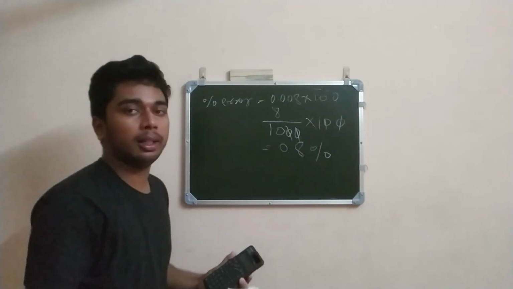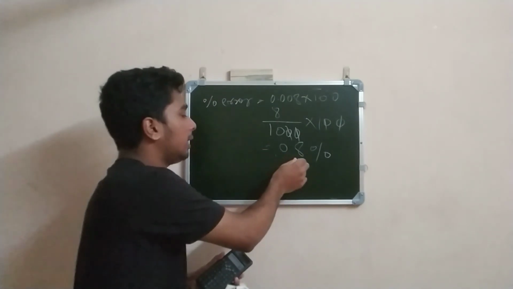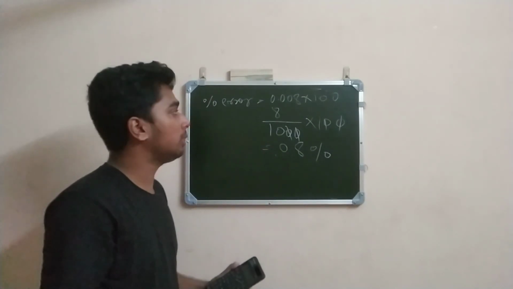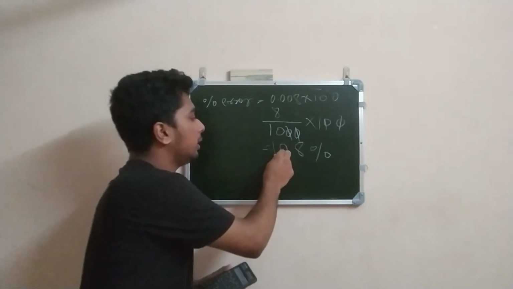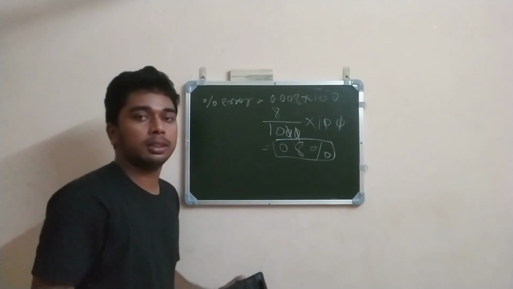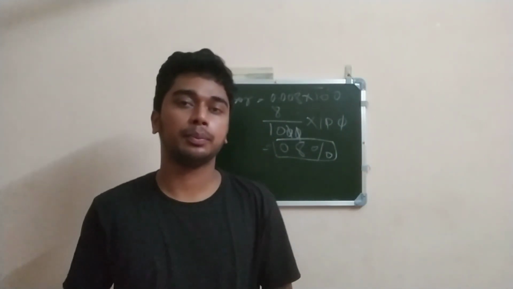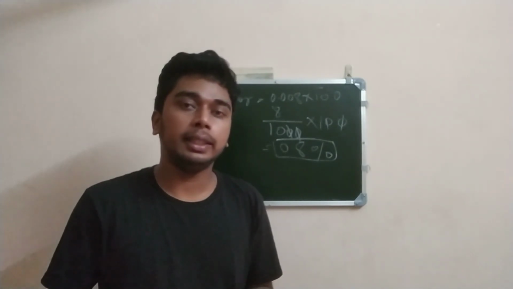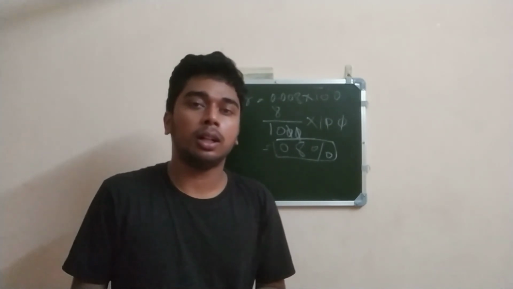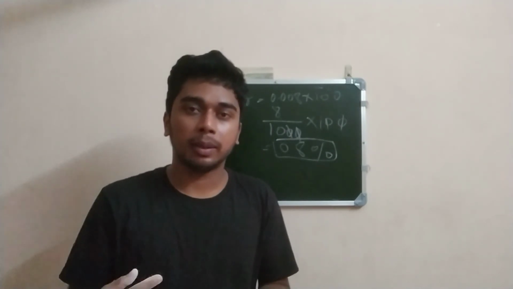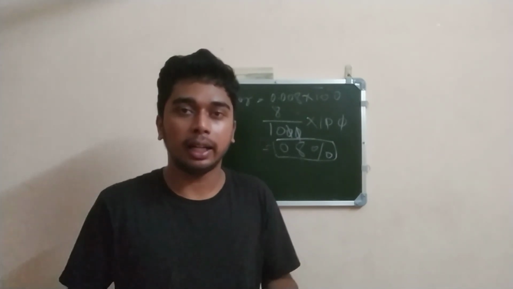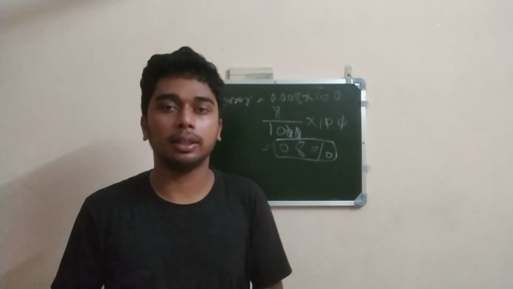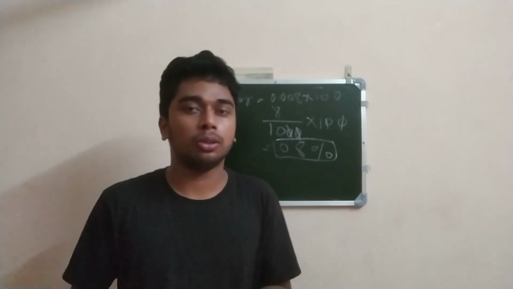So I will mention that the relative error in my calculation was 0.008 and the percentage error is 0.8 percent. This is how we deal with error calculation. In the next video I am going to show you how error behaves when I add, subtract or multiply, when I do any algebraic operation. So thank you.